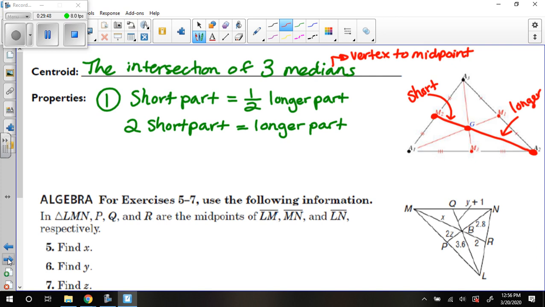So 2 times the short piece is going to equal the longer piece, or half of the longer piece is going to be equal to the short piece. A second property is that the short part is 1/3 of the whole median.